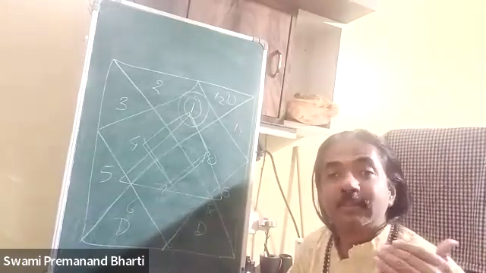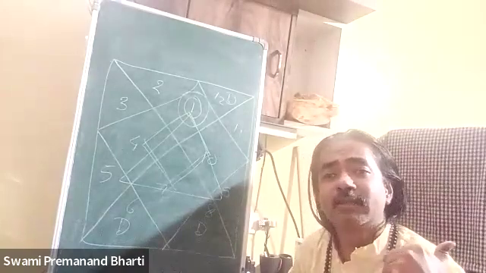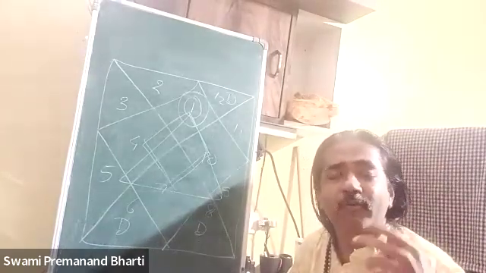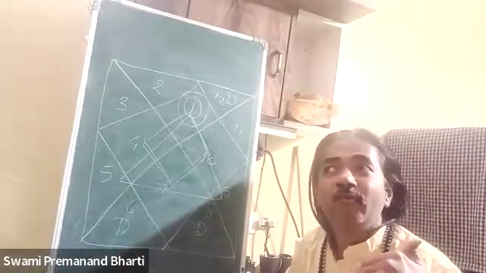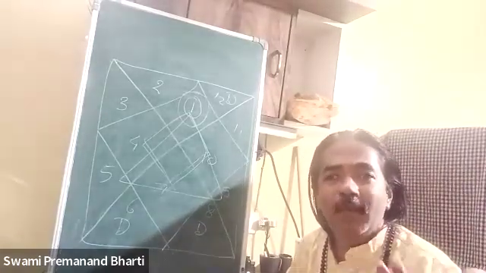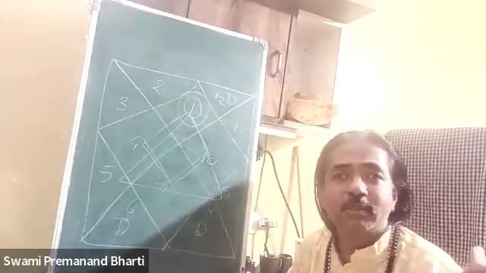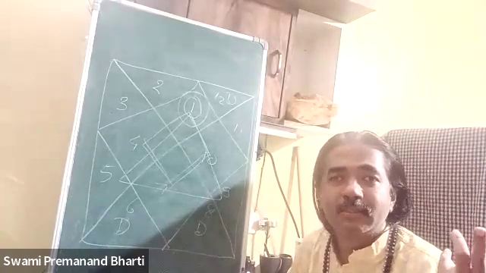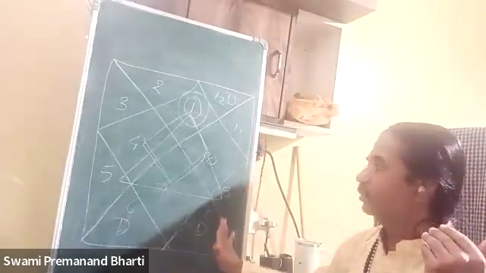Okay, so this is why the eighth house is considered the most Dushtana house. It represents accidents, sudden events, sudden changes in your life, transformations, or surgeries, for which you cannot plan. If you are told by the doctor that okay, fine, you have to go for surgery, you have to go for surgery. You have no other option. Okay, that's it. So this is why the eighth house is considered the most Dushtana.